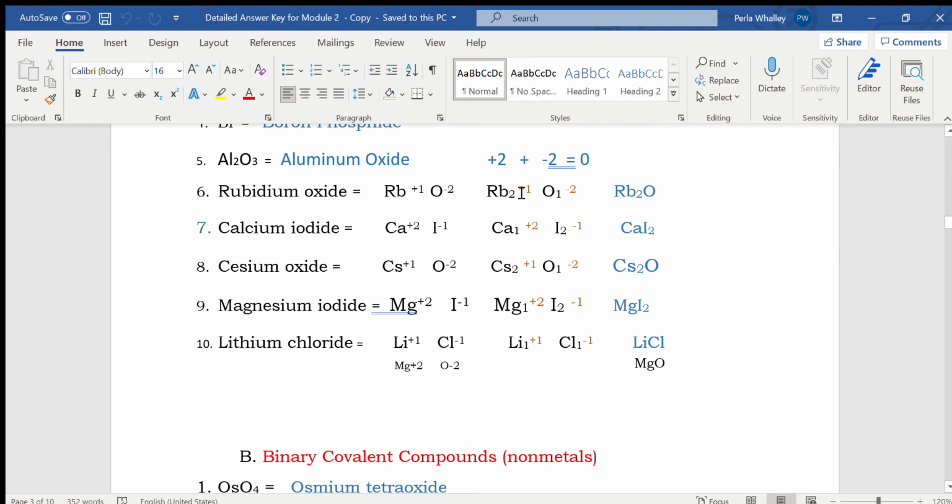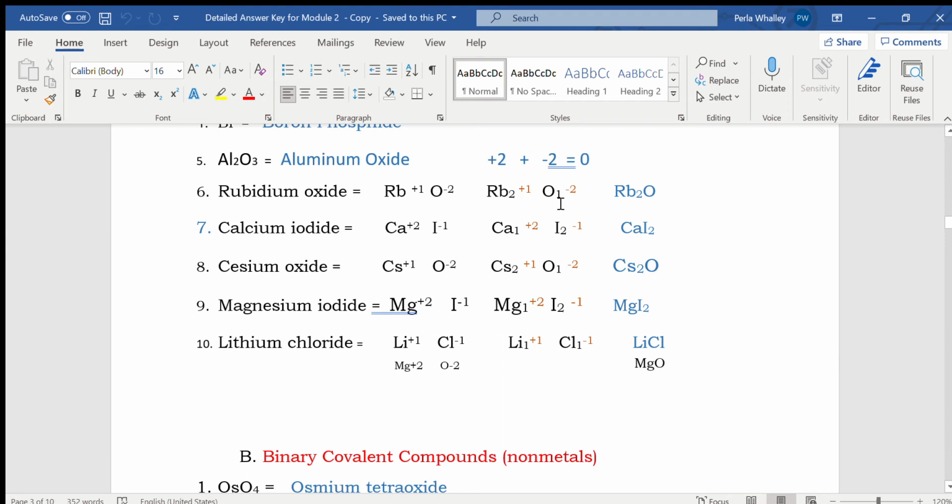And then we copy Rb2 and O1. But there is no need to write 1. Without writing 1, it is already understood that oxide is 1. So the correct formula is Rb2O. Now, we'll see if it is balanced. 2 times plus 1 is plus 2.